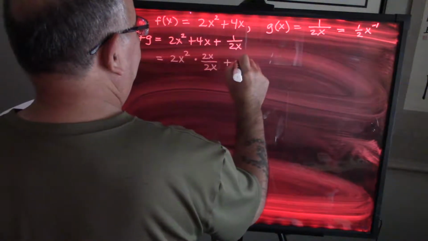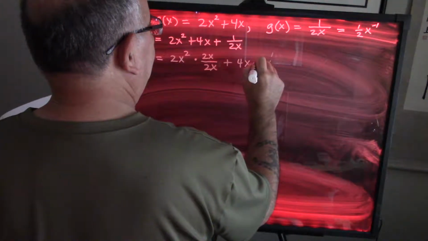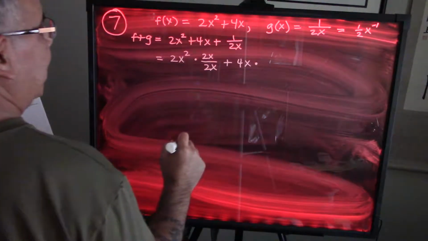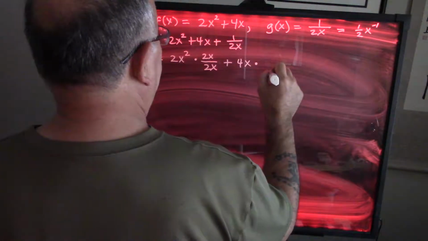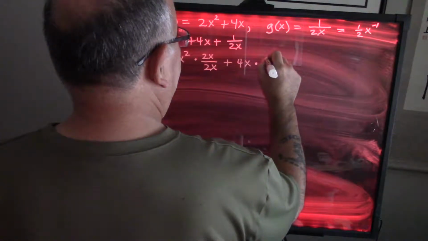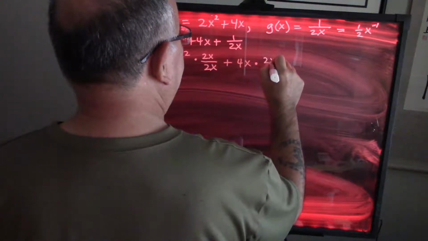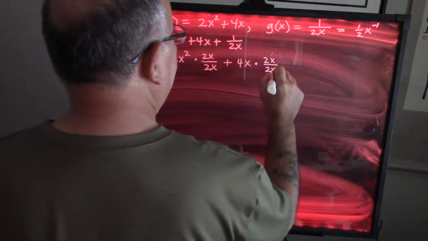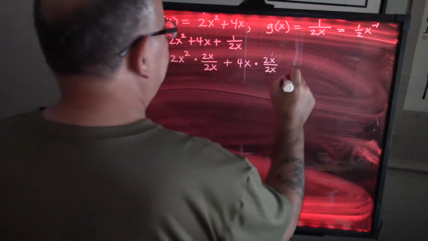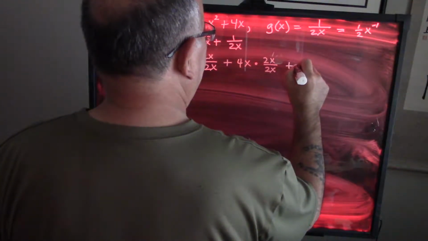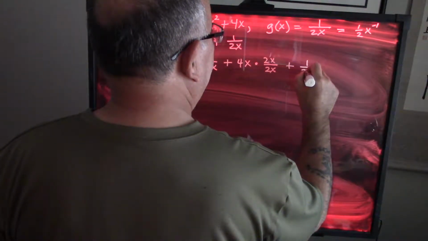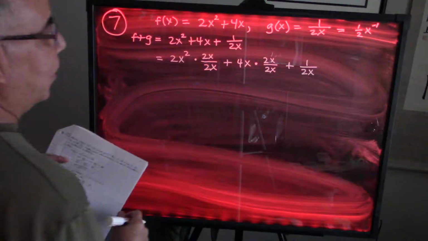And then plus 4x, and then again multiply by 1, so you're not changing it, but you are changing its form. And I'm going to multiply by 2x over 2x again, because that'll give me the common denominator. And then 1 over 2x is already written the way we want it, so nothing to do there.